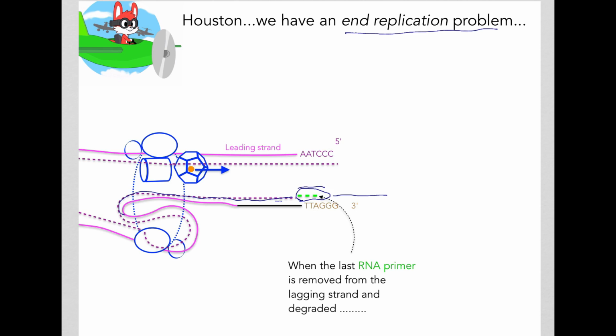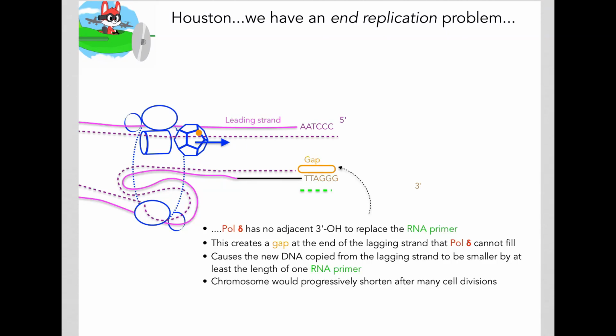So when this last RNA primer is removed from the lagging strand and degraded, we have a gap here. So there's going to be a gap here.